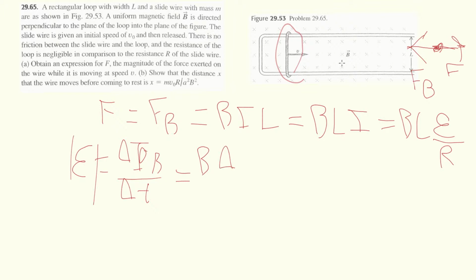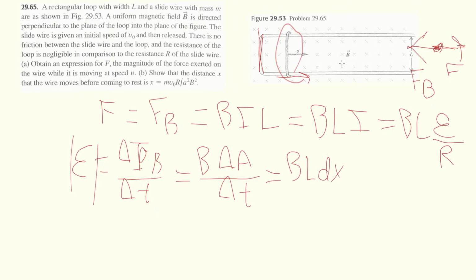One of the dimensions, L along this way, is not going to change at all. The area is getting bigger and bigger as the bar moves this way, but it's only the x dimension that changes.